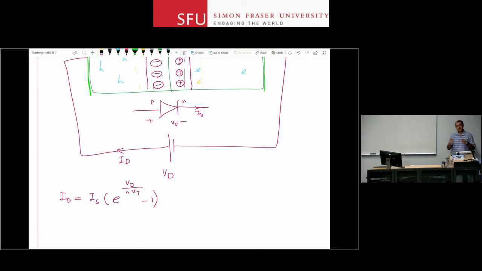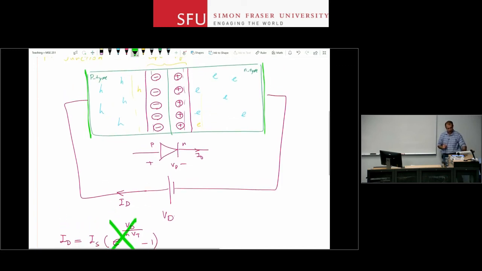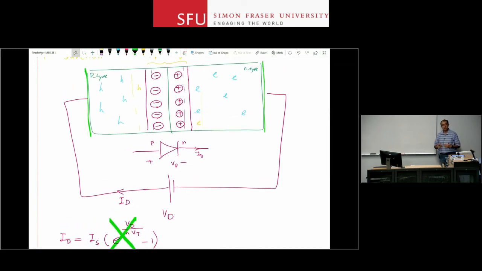If VD is negative, for a large enough magnitude of VD, this term becomes negligible, and you only have a current in the reverse direction that is IS, right? So now, what are these variables here?